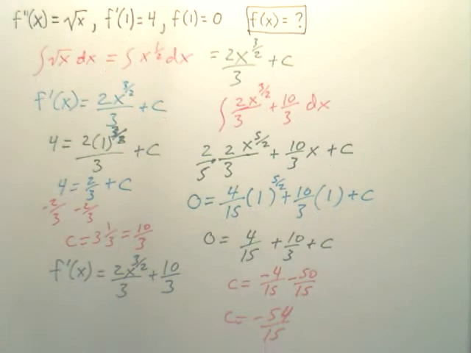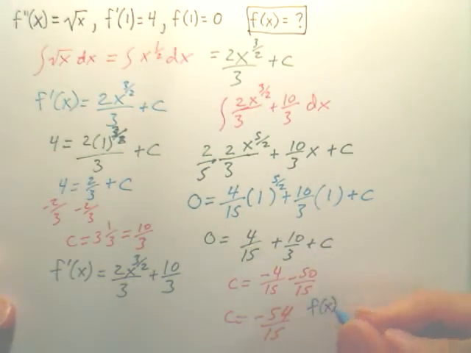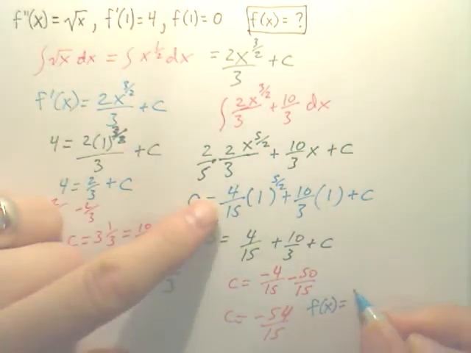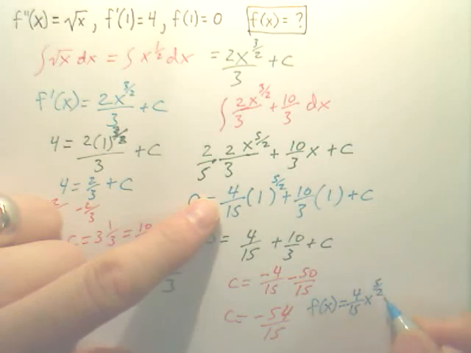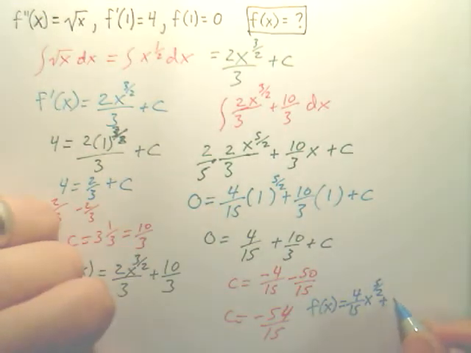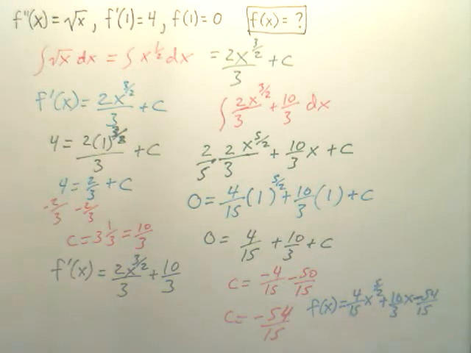So, all of that said, f of x looks like it's going to be this equation: 4/15 x to the 5/2 plus 10/3 x minus 54 over 15. That is my original function.